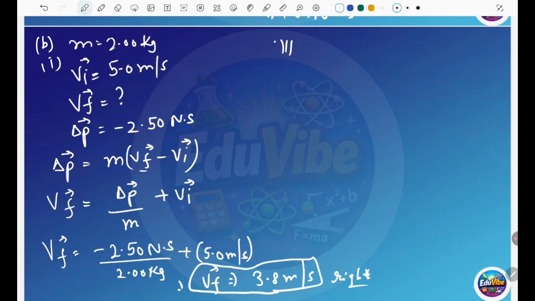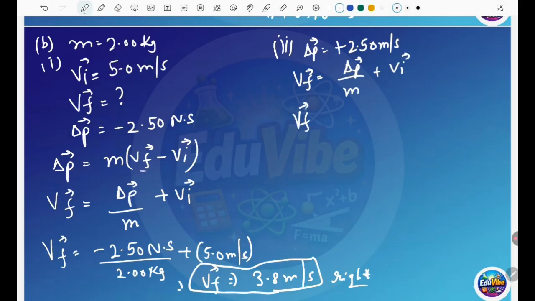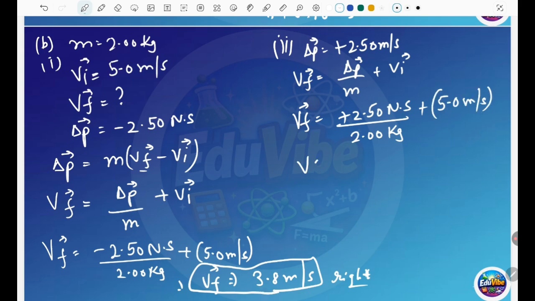For the second part, you do the same thing, but you take this as positive now, because it is to the right. The same formula: Vf equals delta P upon M plus Vi. So Vf is equal to plus 2.50 newton seconds over mass 2.0 kg, plus Vi of 5.0 meters per second.